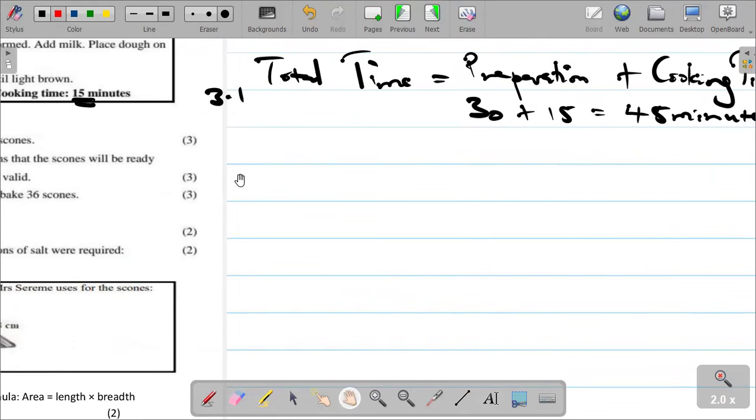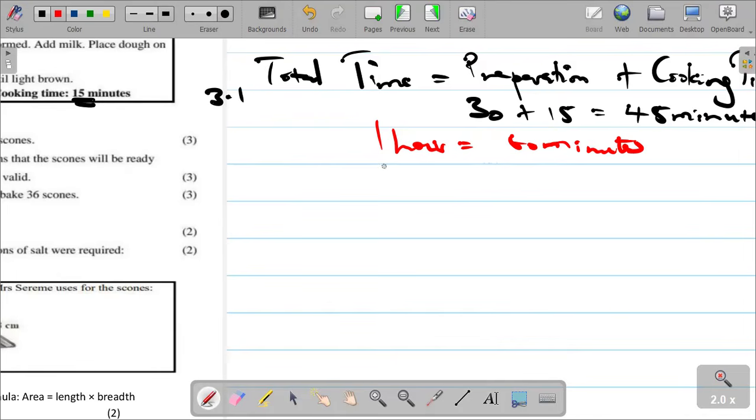I remember that 1 hour is equal to 60 minutes.